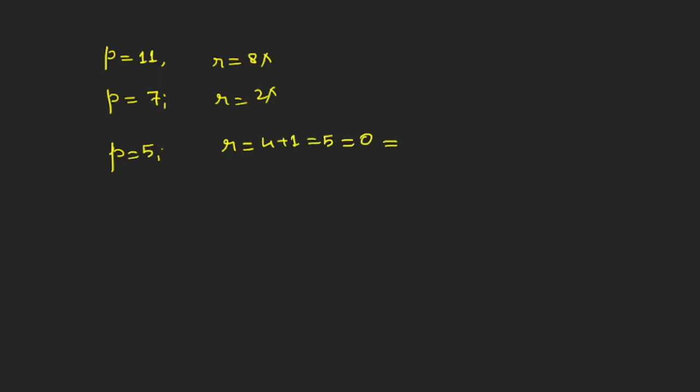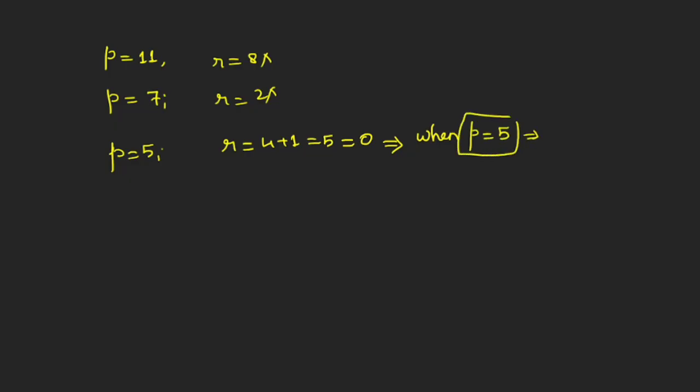For p equal to 11, the remainder is 8, not possible. For 7, the remainder is 2, not possible. For p equal to 5, the remainder is 4 plus 1, which is 5, that means 0.